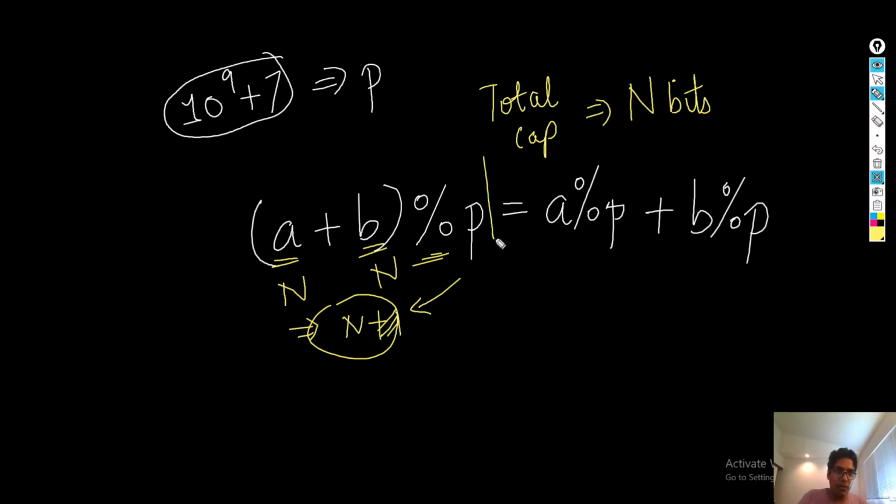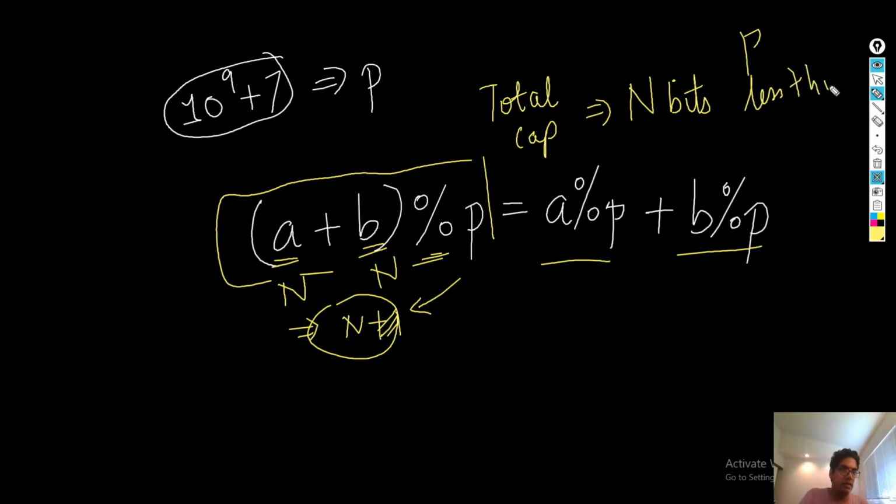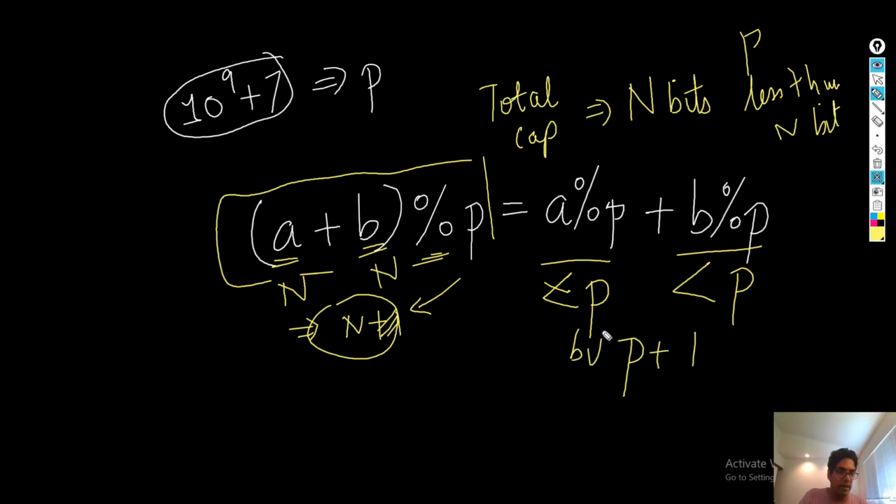So instead of doing this in computers, why not use this mathematical identity? We assume that p is less than n bits. Now let's say a is an n bit number, we take it modulo p. So this will be less than p. Same, this would be less than p. When you add both of them, this would take whatever bits p takes plus 1.